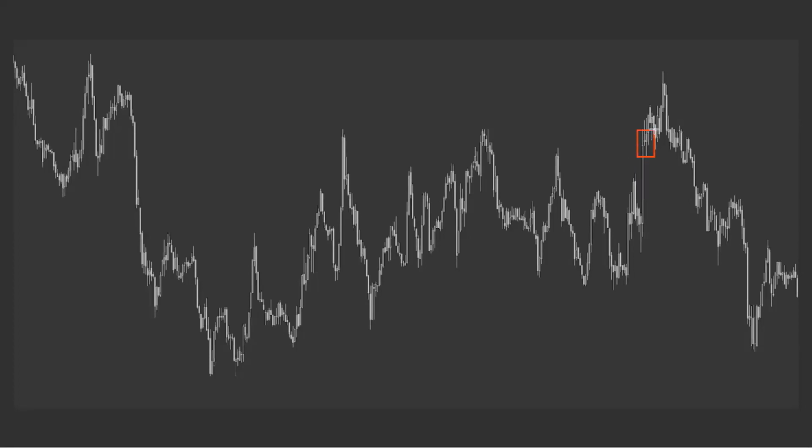There's your flag limit, flags out on top of it, and once that breaks down here, you can get in on a retrace to the last untested liquidity, the area from which price broke out of this tiny range of consolidation. Okay, does that make sense? And then you can run that to the higher time frame target.